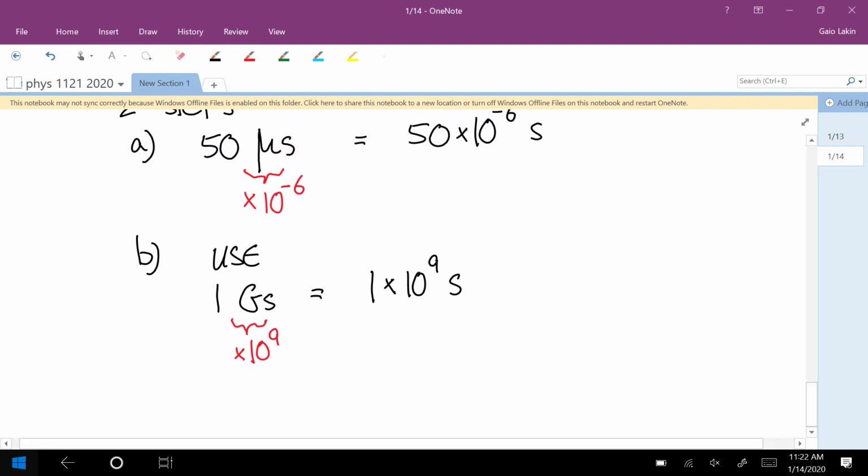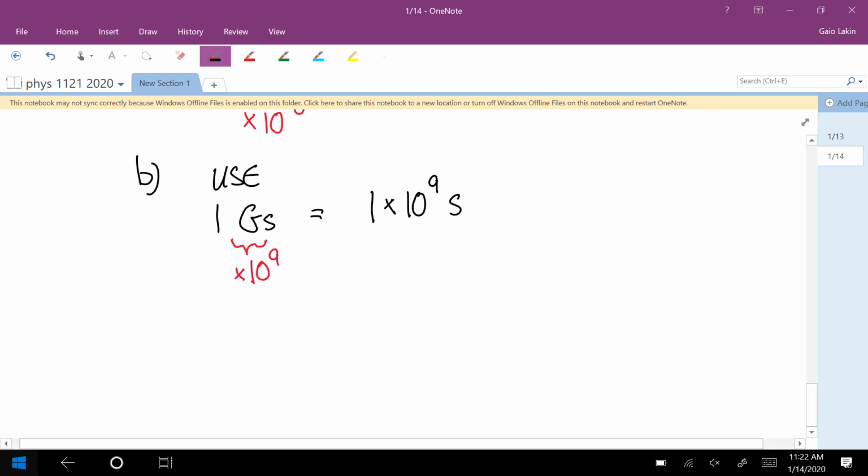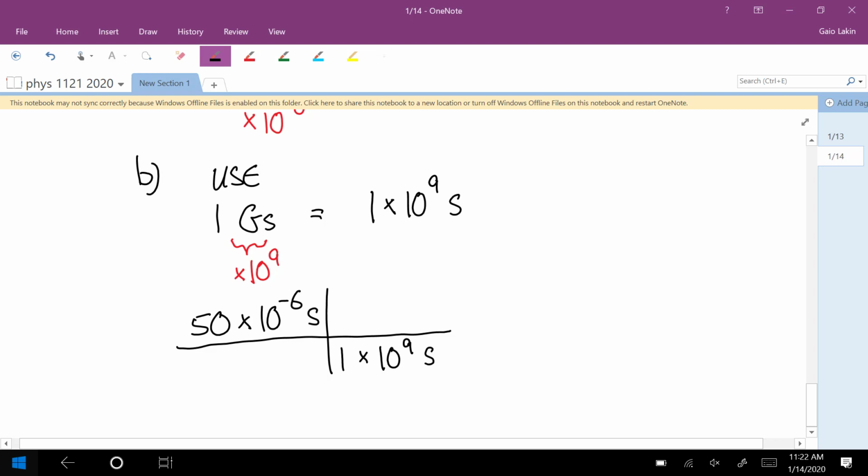Okay, so we're going to start with our current value of 50 times 10 to the minus 6 seconds. And now we're going to do a unit conversion where 1 times 10 to the 9th seconds is equal to 1 gigasecond. The units of seconds cancel. And now you're just using the exponent rule.